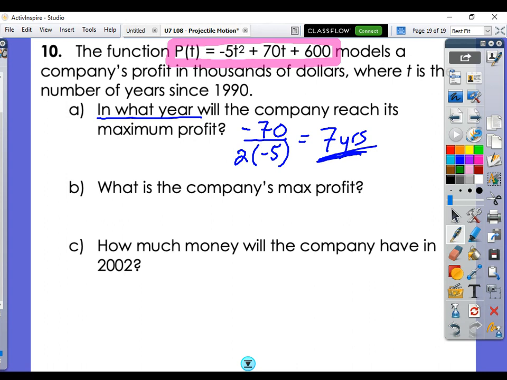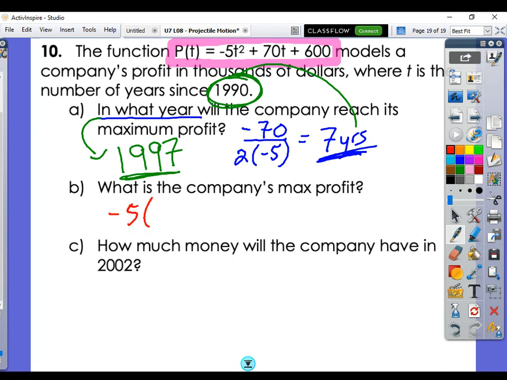So if it's 7 years since 1990, that means the profit is going to maximize in 1997, right? So you're just adding that 7 onto the 1990. That's what year it's going to happen. Then the question says, well, what is that maximum profit? Again, just like we did before, we're just going to plug in.